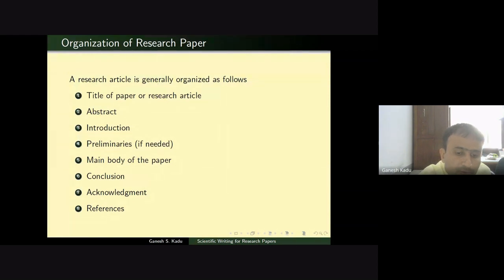You were helped in your research by some people or institutions. If you received some funding for your research, then you need to mention this in the acknowledgement section. And then finally references. So this is how typically a research paper is organized, and I'm sure many of you already know this.